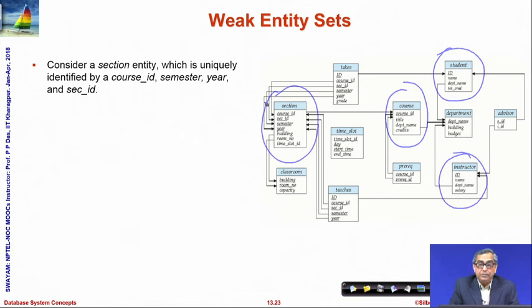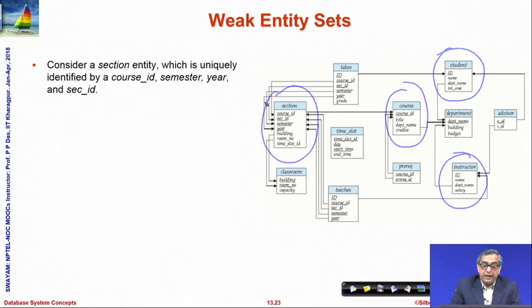So, for the same course at the same semester in the same year, I may have different sections in which the students are divided, and naturally there could be multiple instructors, each teaching one section of that course, and students will be distributed on the sections, not on the course.